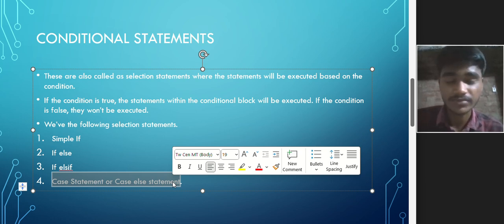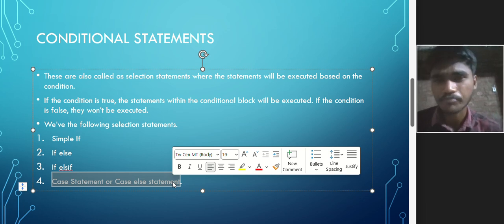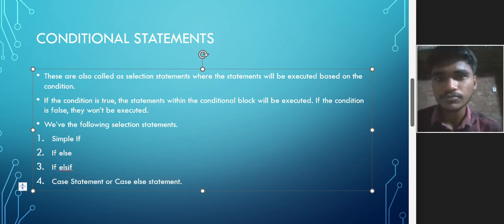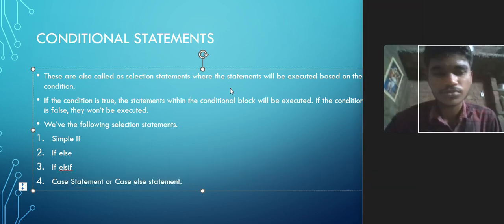We have the following selection statements in PL/SQL. The first one is simple if, which can check only one condition. Then if else, which can check two conditions, and then if else if, which can check more than two conditions. Then we have the case statement or case else statement.